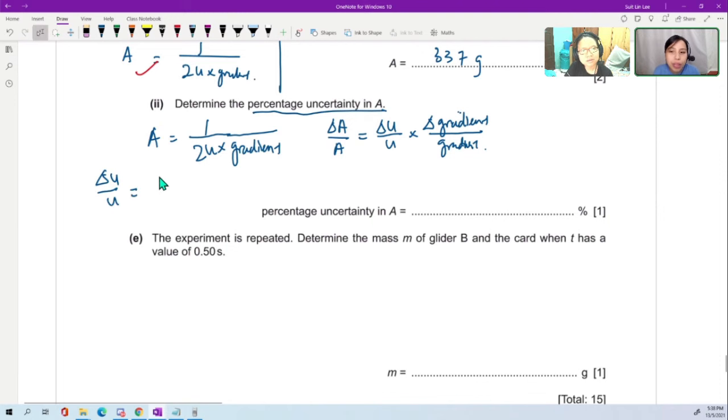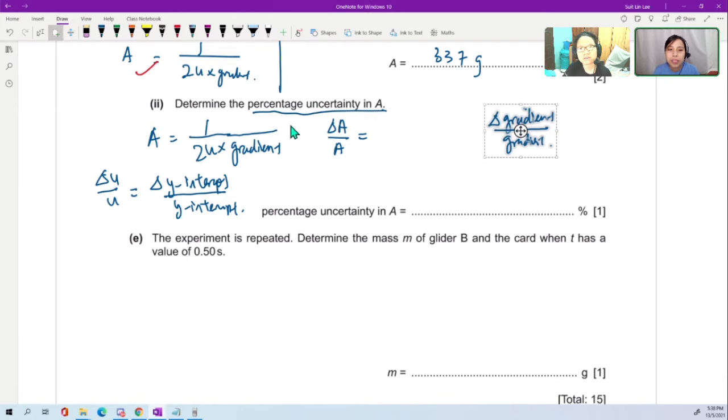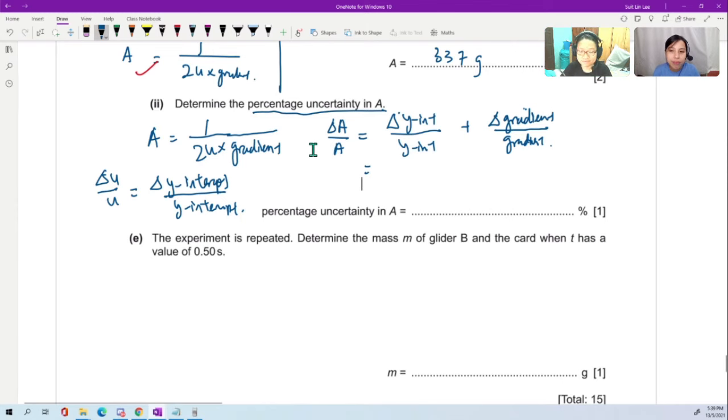Since they are multiplied together, we add: delta U over U plus delta gradient over gradient. This one will be delta y-intercept over y-intercept plus delta gradient over gradient. We're taking percentage uncertainties.